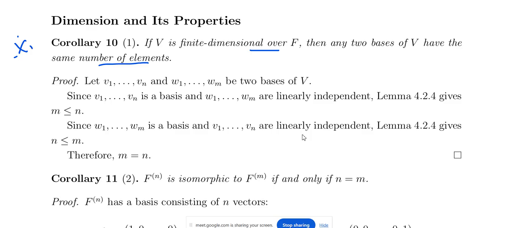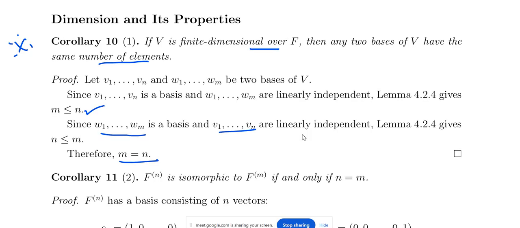Take two bases, v1, ..., vn and w1, ..., wm. Since v is a basis and w is linearly independent, applying the earlier result gives m less than or equal to n. Taking the other as the basis gives n less than or equal to m. Combining both, m equals n. So the two bases have the same number of elements.